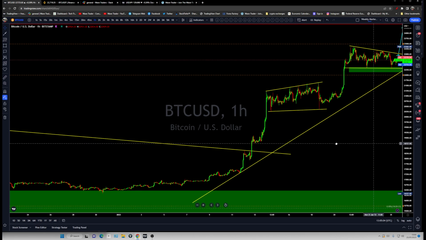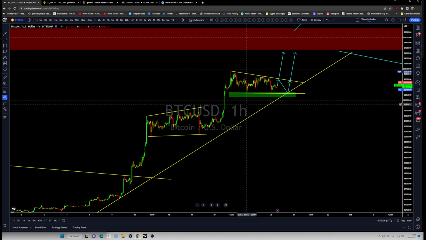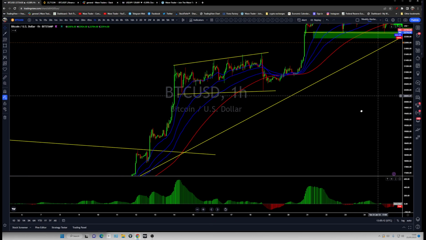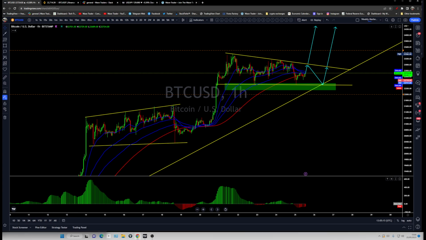So the setup: we are still in the correction in that triangle. That triangle is just setting up for a breakout opportunity for upside. We can see that the moving averages are nicely holding that correction and trying to push Bitcoin for a breakout for upside.